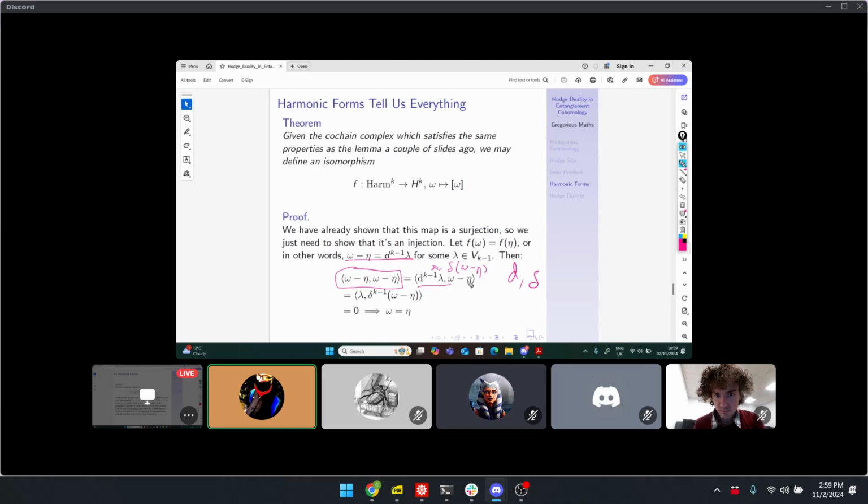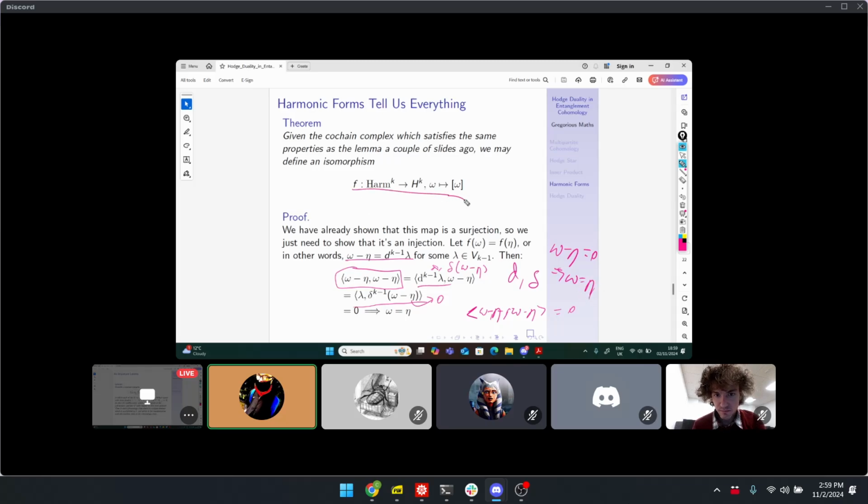But these are harmonic forms, and so this is 0. And so the whole thing is 0, and that means that the inner product of omega minus eta with itself is 0, but that is only true if omega minus eta is equal to 0, which means that omega is equal to eta, as we required.